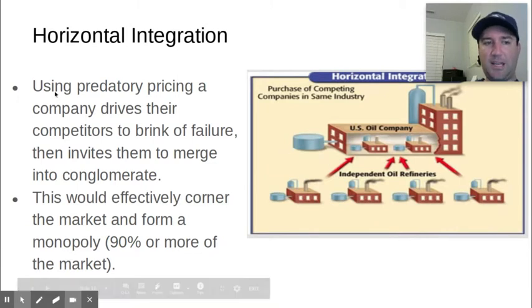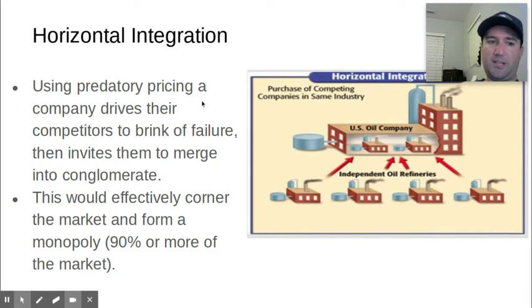But the idea is that by using predatory pricing, you can basically drive your competition into the ground. You drive them not to put them out of business, but to put them on the brink of failure, and then have your lawyers and your executives show up at their offices and say, we would like to purchase and merge your company with ours.